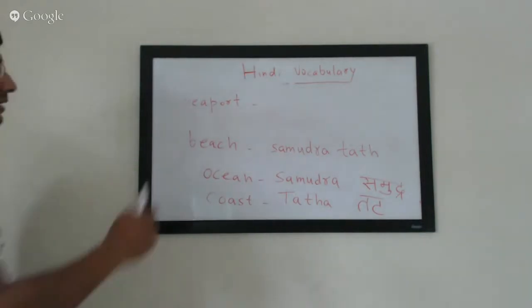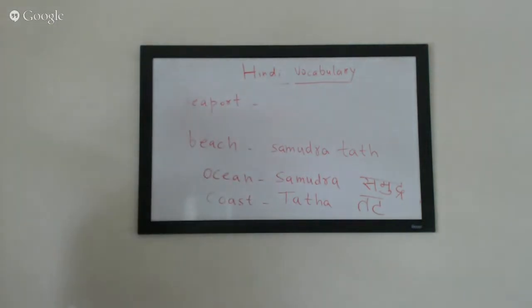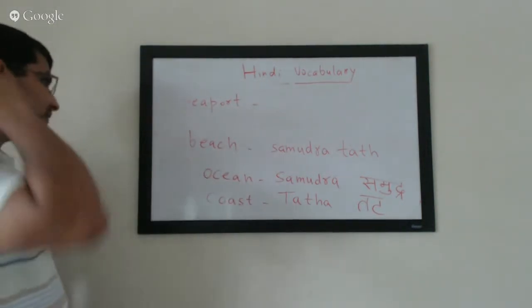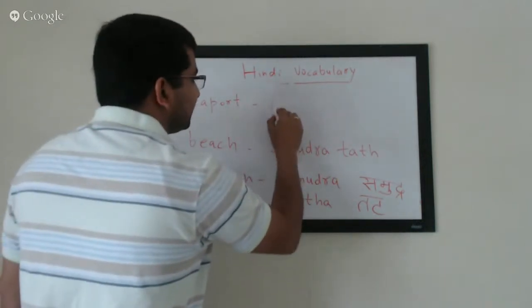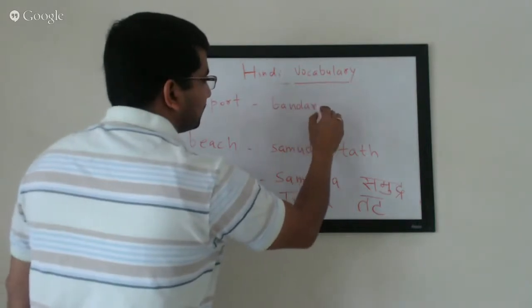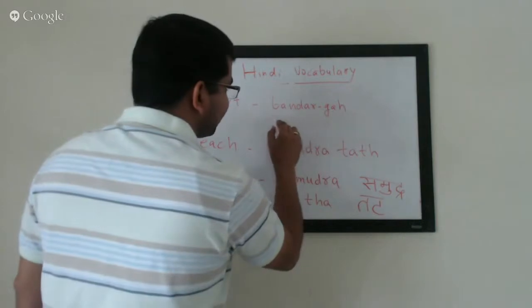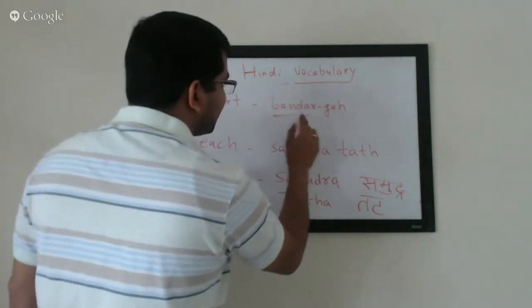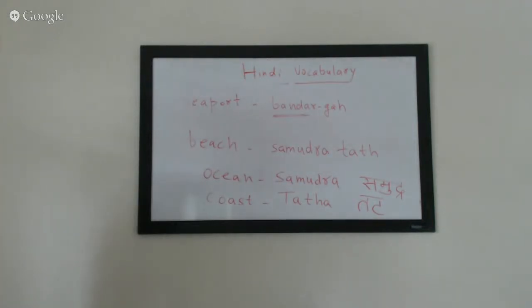Okay, and now seaport. Seaport is basically very difficult, but I hope you'll be able to remember it. It's basically बंदरगाह, bandar gah. This is a little different. It has nothing to do with monkey, because monkeys are known as bandar in Hindi, right?